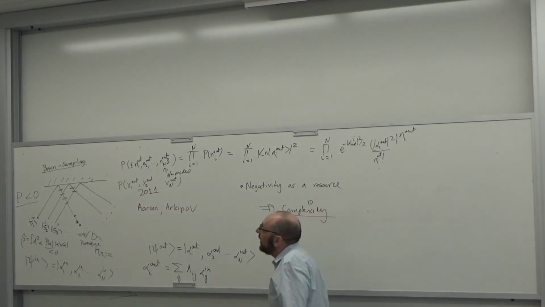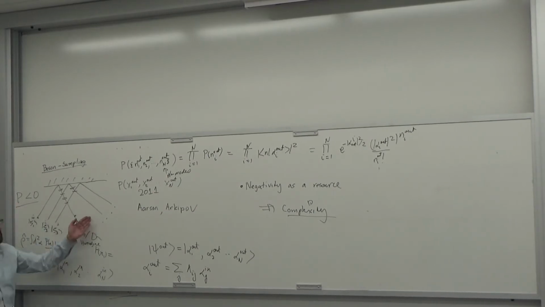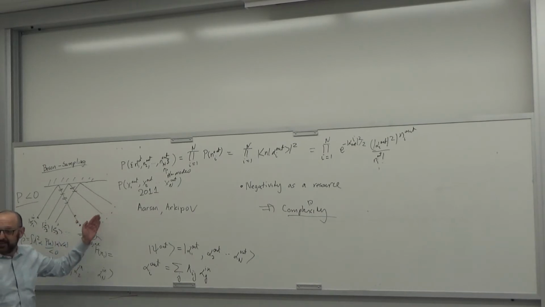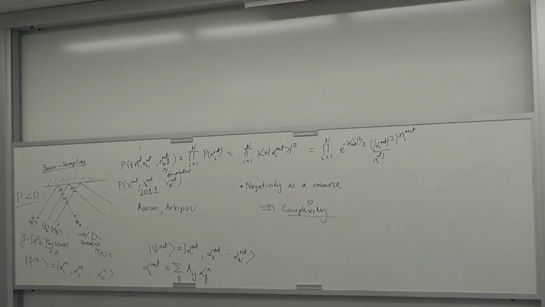Okay? On the other hand, I have to be careful about what I'm measuring, because a squeeze state has a negative P representation, and thus complexity with respect to direct photon counting. But it's not complex with respect to homodyne detection.